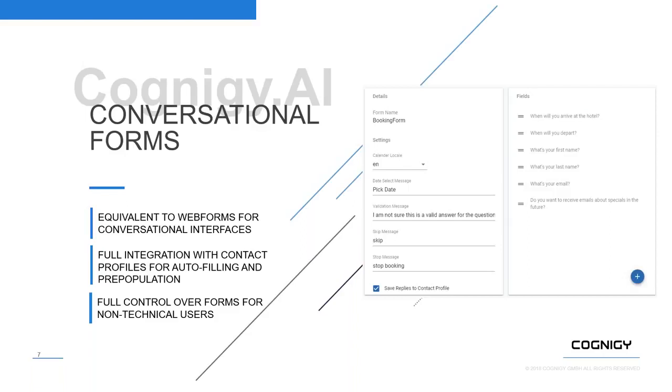And we're doing the same thing here. Sometimes it's called slot filling, but we're really taking this to the next level, where you can define a series of questions that the AI will then go through and request that information from a user, all in a completely non-technical way. So as you can see here on the right, you can define the fields, you can define the questions, they have certain types.